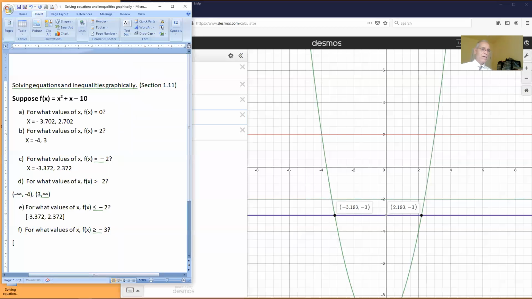So from negative, sorry, parenthesis, I can't put infinity in a bracket, from negative infinity all the way to negative 3.193 and close the bracket.